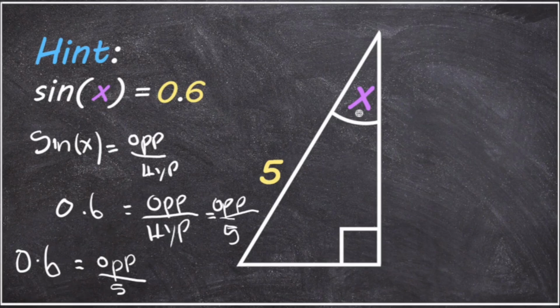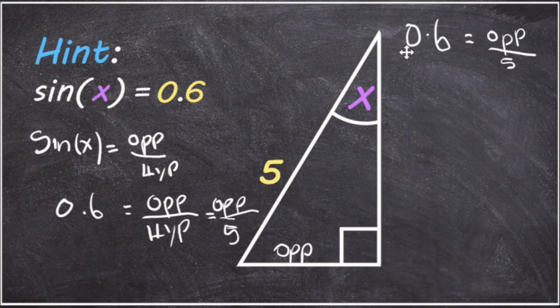By the way, since the angle's x, then the opposite must be the base of the triangle. Now looking at the equation that we've come up with, if we want to know the value of opposite, we need to multiply both sides of the equation by 5. So we would get 5 times 0.6 equals opposite times 5 divided by 5.